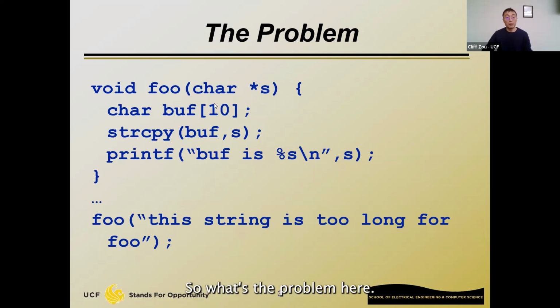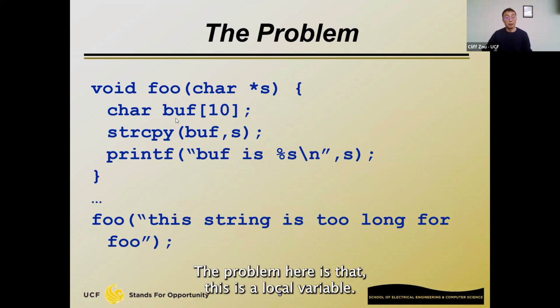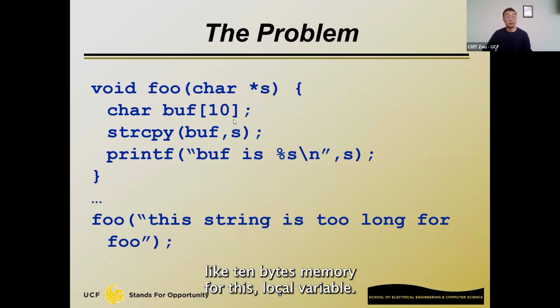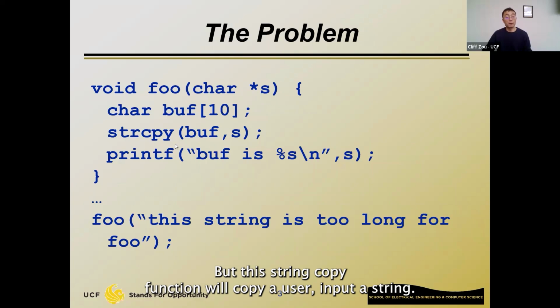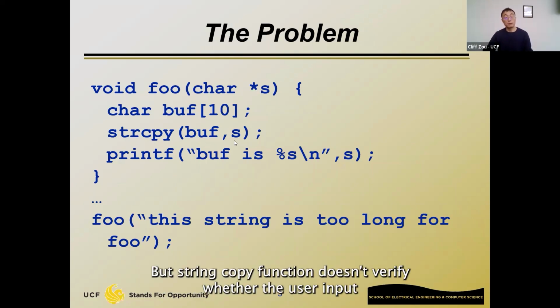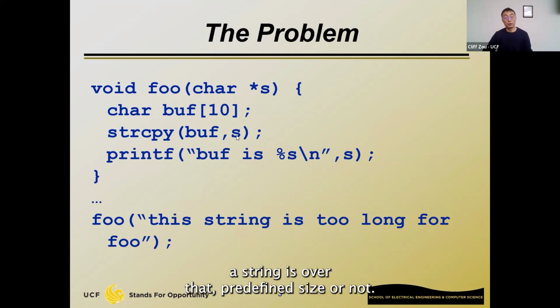Okay, so what's the problem here? The problem here is that this local variable buff was allocated with a certain memory size, like 10 bytes of memory for this local variable. But this string copy function will copy a user input string, and string copy doesn't verify whether the user input string is over that predefined size or not.